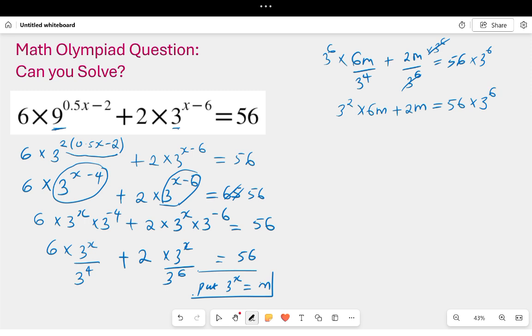Now 3 squared is 9, so 9 times 6m is going to be 54m, plus 2m is equal to 56 times 3 to power 6.